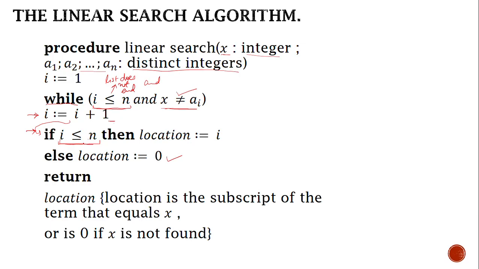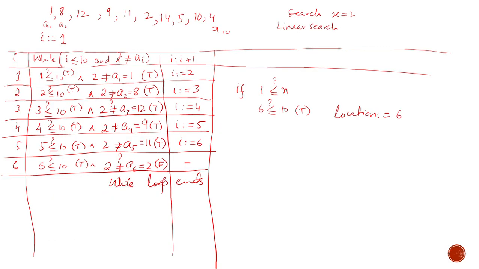Else, which means that the list ended, location is assigned the value 0, which means that we did not find the required integer and the list ended. So here we found the integer at the 6th location. The integer x equals 2 is at location 6.